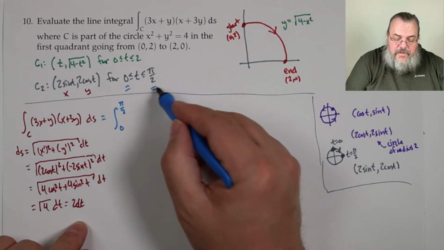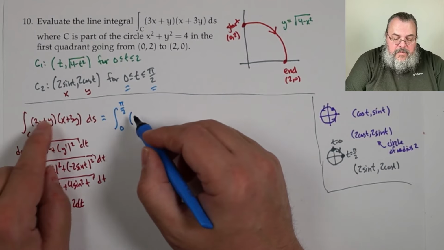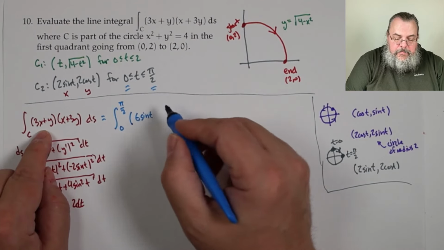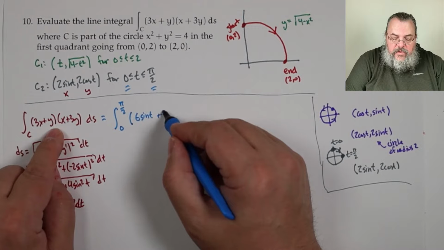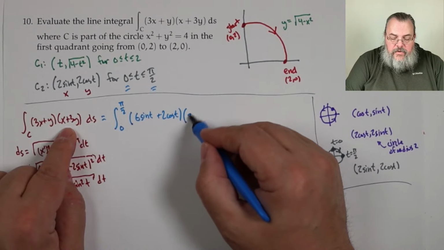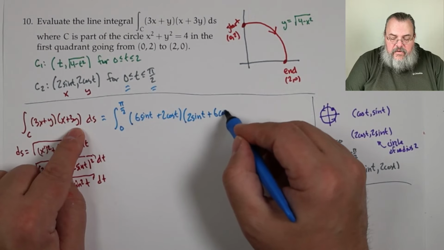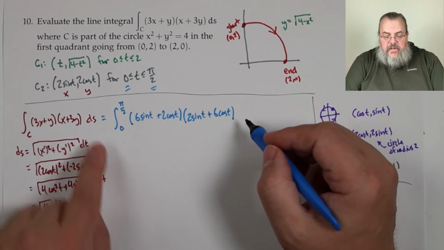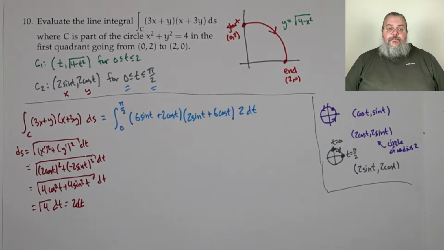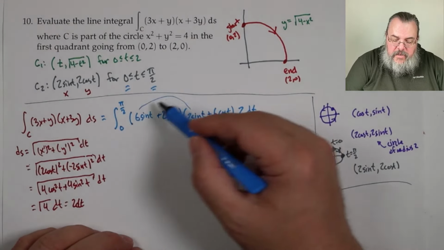And now x becomes 2 sine t, so that becomes 6 sine t plus 2 cosine t, times 2 sine t plus 6 cosine t. And then the ds is 2 dt.